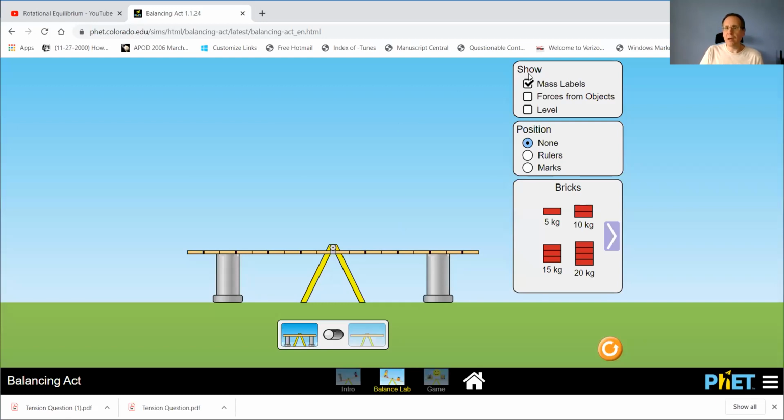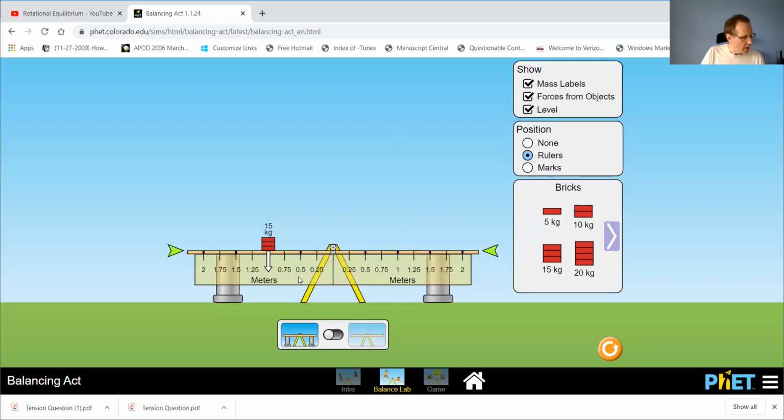So again, under show here, check all three of these and then make sure that the ruler is also turned on. So what I want you to do at first is on the left-hand side, place a 15 kilogram brick at 1 meter. So 15 at 1 meter. And a 20 kilogram brick at 0.5 meters. So 20 at 0.5.